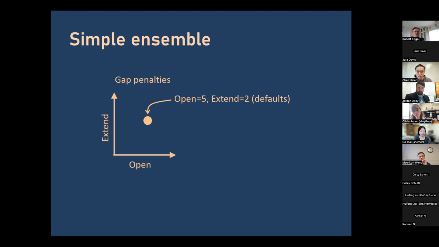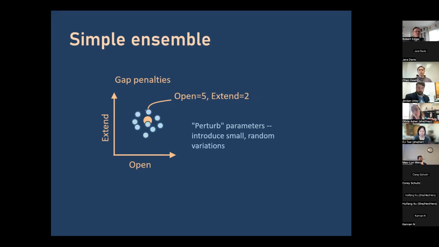But if you think about it, they're kind of round numbers, and they're averaged over a benchmark. So should it really matter whether you use 5 or 5.1 or 2 or 1.9 for your gap penalties? And the answer is, it shouldn't matter. If it does, then you should start to be suspicious that your results are any good.